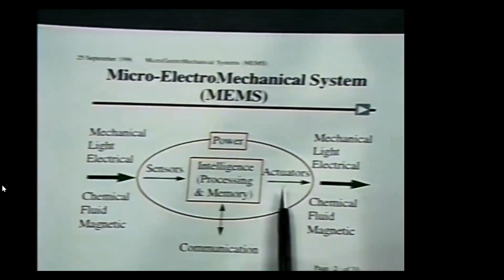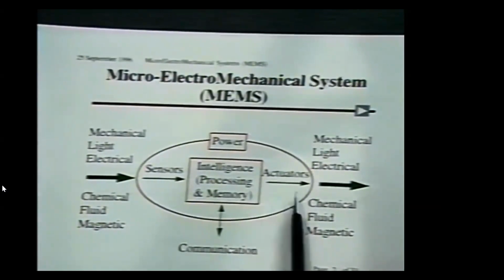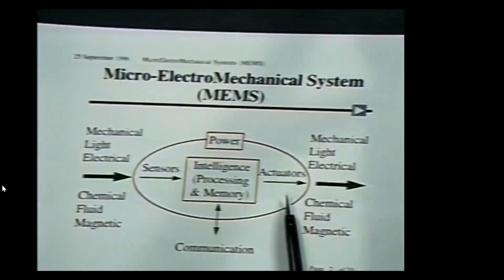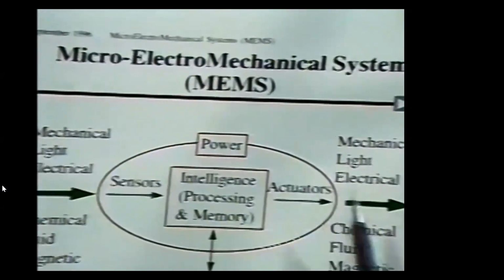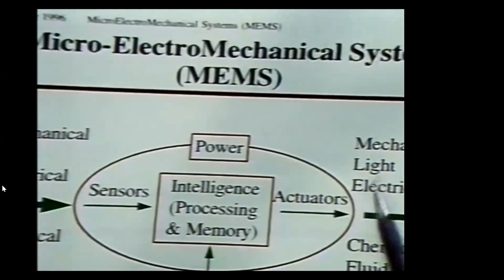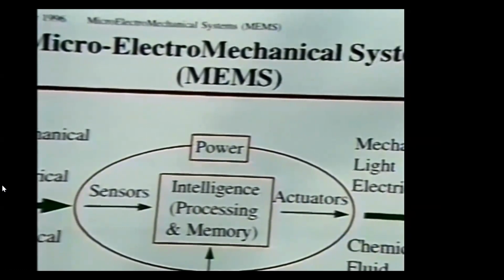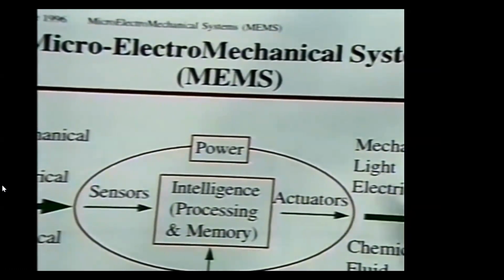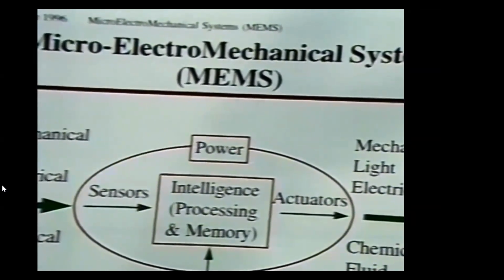Following that, the signal would be transduced into some sort of actuation effect, in effect having an impact back on the real world. In many cases, some of the early MEMS are purely electrical signals being generated to the outside world. In other cases, and some of the people that will discuss things later in the session, you'll see some fluidic and also other effects on the real world.